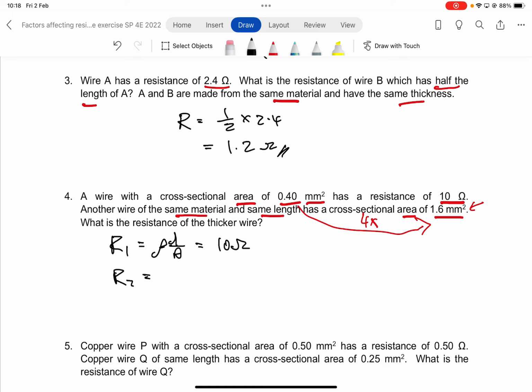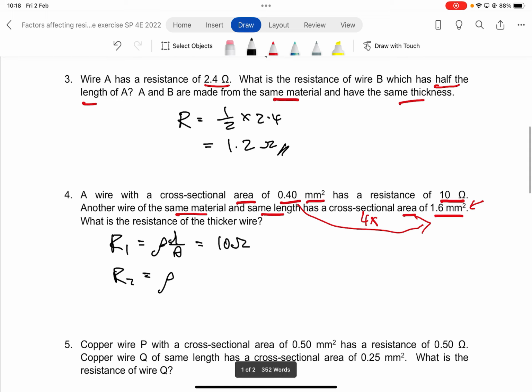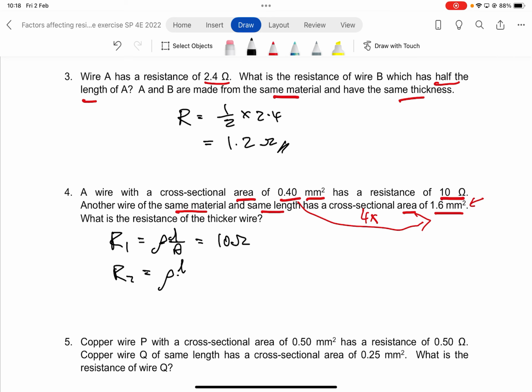R2, the material is the same, length is the same. Area is 4 times, so I write 4A. So I take out the 4 because it's denominator, so it's 1/4. All right, 1/4 rho L over A. So rho L over A is 10. So 1/4 times 10 is 2.5 ohms.